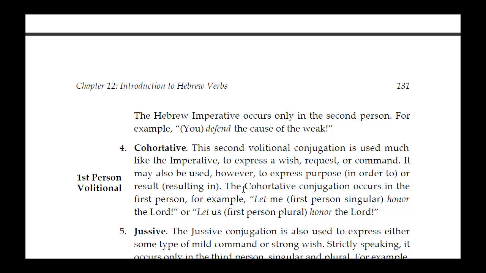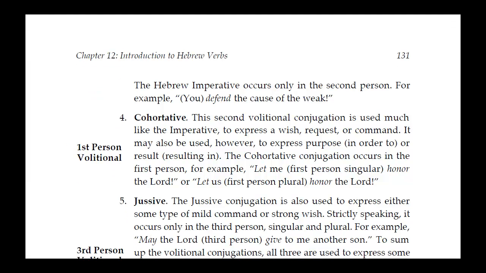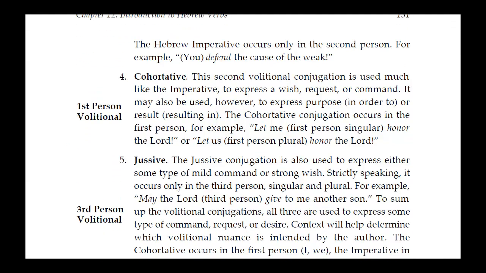It may also be used, however, to express purpose, in order to, or we would translate resulting in. So this is used in the first person here. The cohortative: let me honor the Lord, let us honor the Lord. So it's used in the first person, either singular or plural, and that is what we call a cohortative.